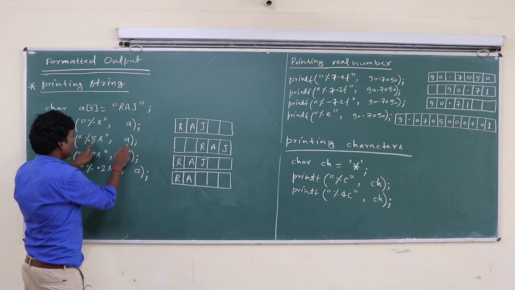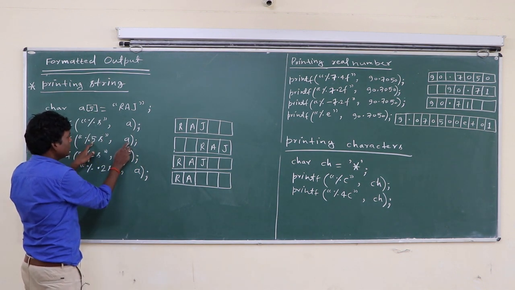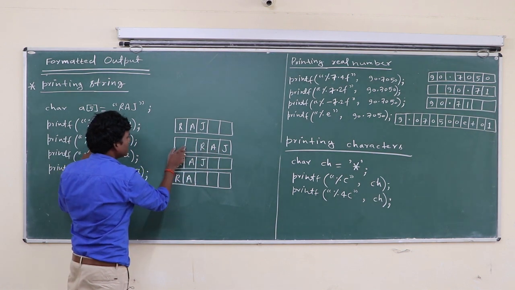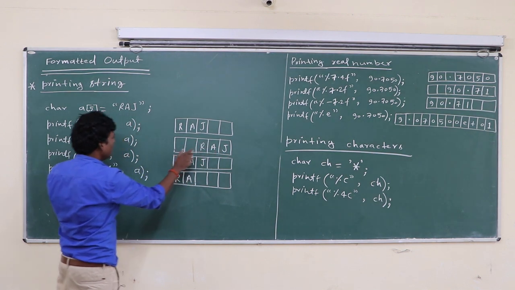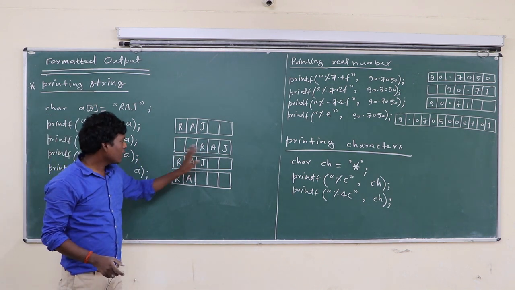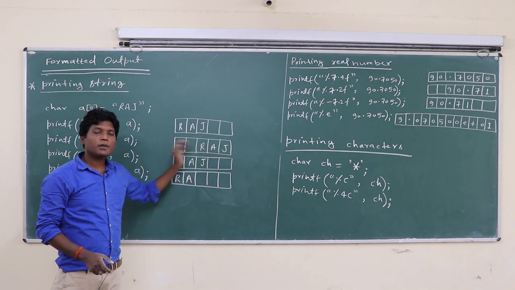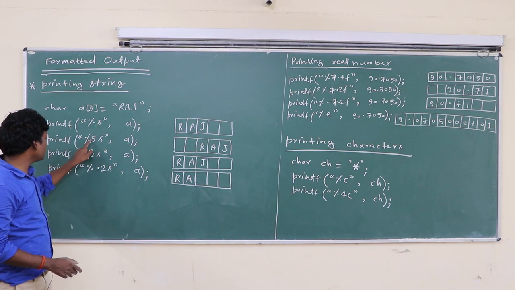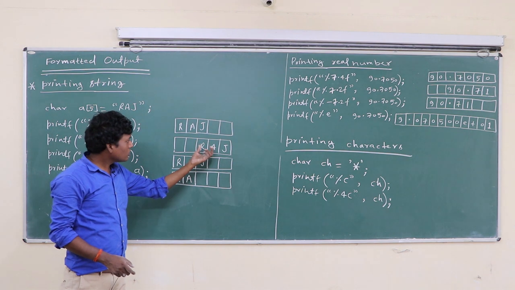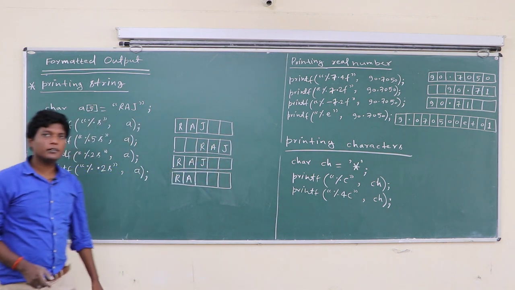So B can print this a on either the left side or the right side. Because here is a 5, in 5 blocks B can move this Raj left or right. But here is a positive sign by default, so it is right justified. So Raj is printed from the right side.